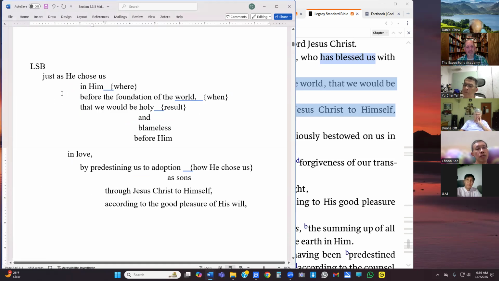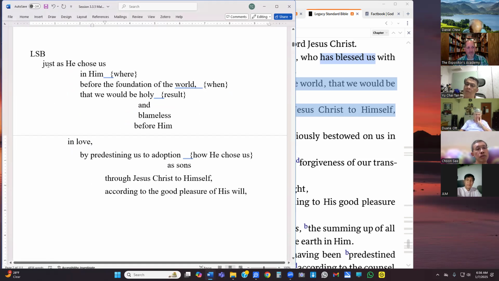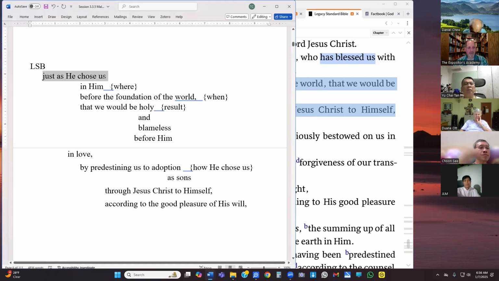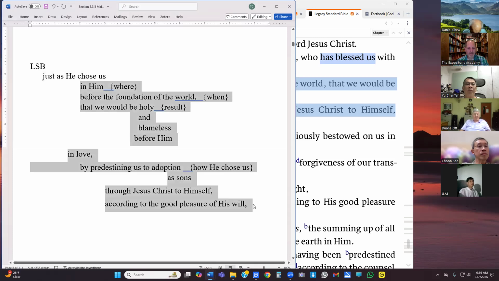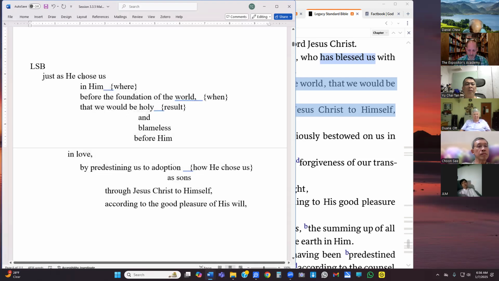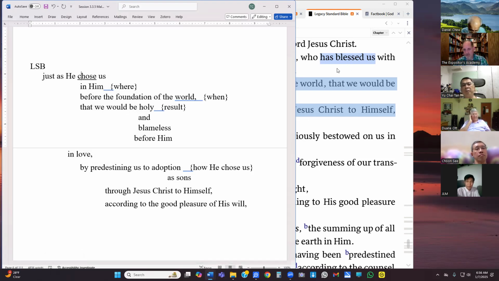So this is how the LSB would be diagrammed. And notice just as actually is also a dependent clause, which goes to what's before it. But all the rest of this is modifying chose. So that's the LSB, which I think is closer to the Greek text.